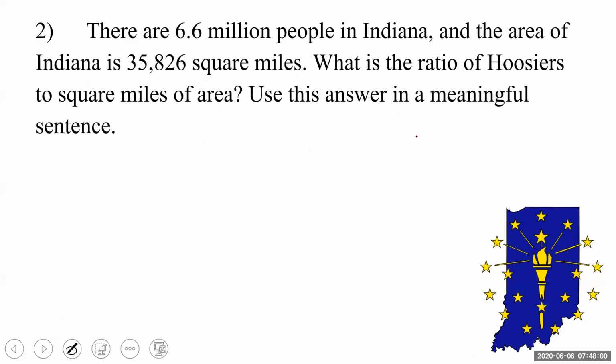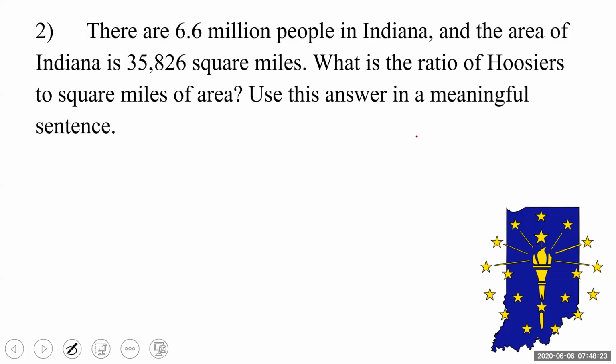Nice. All right. So there are 6.6 million people in Indiana, and the area of Indiana is 35,826 square miles. What is the ratio of Hoosiers to square miles of area? Now, use this answer in a meaningful sentence. Okay.